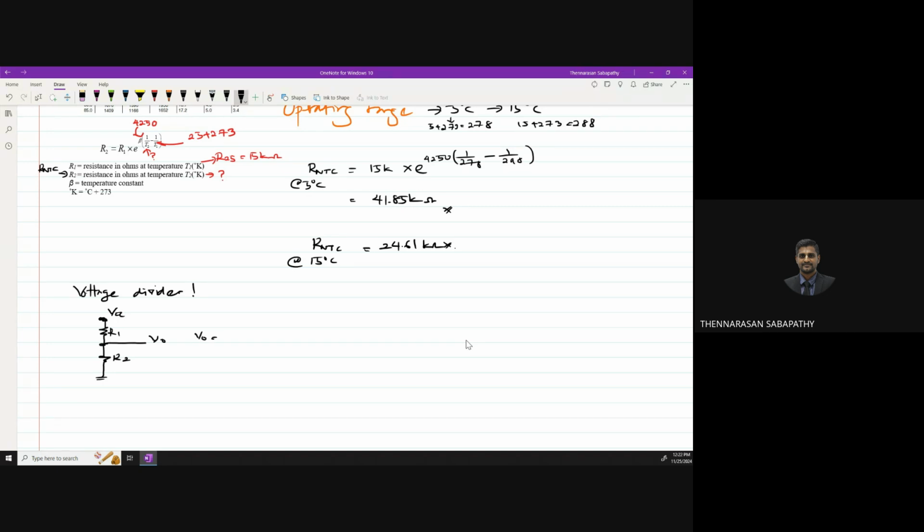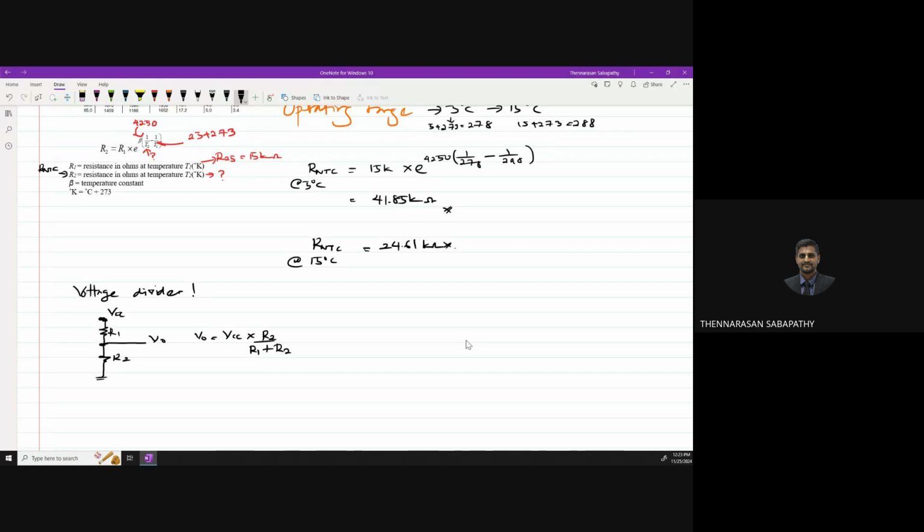This V out will be given as VCC multiplied by R2 over R1 plus R2. So this is the expression for the voltage divider. Why do we want to use the voltage divider? Because the sensor produces output in terms of resistance, and I want to translate this information to electrical output. That is the reason I'm using the voltage divider.